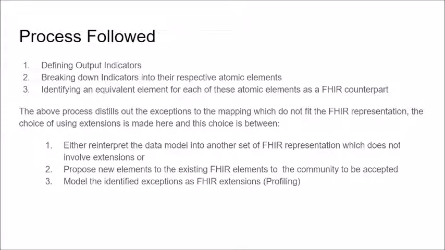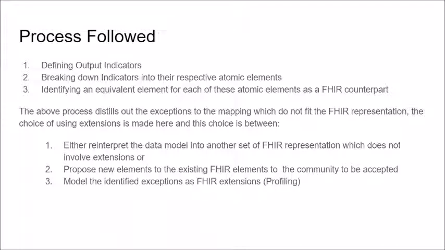So I'll quickly go through the process that we have followed in order to achieve this. We are more than a year into this process, and how we have approached it is that we started from the outputs and went backwards. We defined the output indicators, the key performance indicators that we had collectively for each of the openIMIS instances.